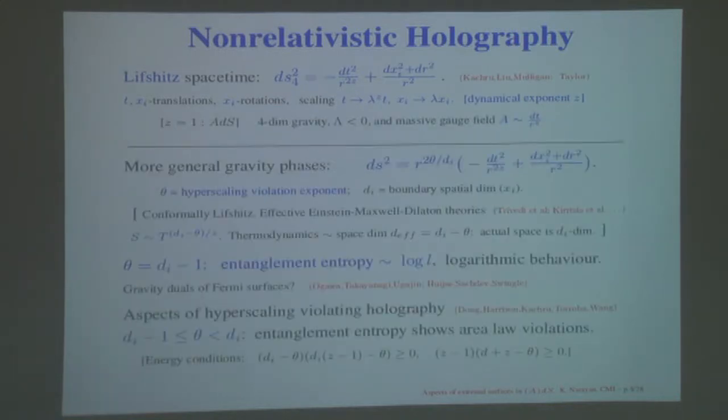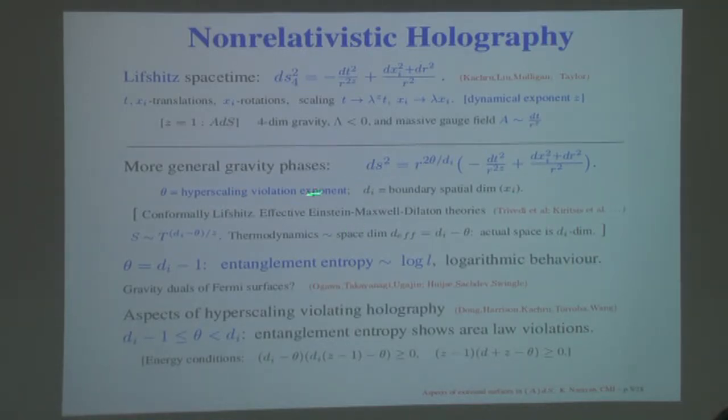There are many more general gravity phases that have been found. So some of these are of this form. They're conformal to Lifshitz. They've been dubbed hyperscaling violation by, I think, Subir Sachdev and others, probably primarily Sachdev. So the conformally Lifshitz, this piece inside here is just Lifshitz.